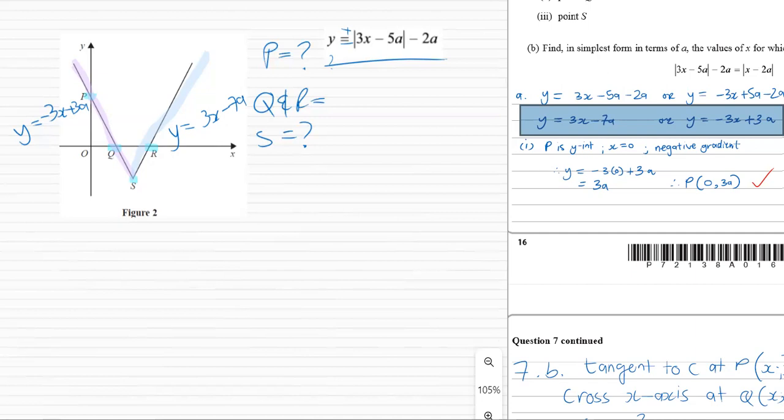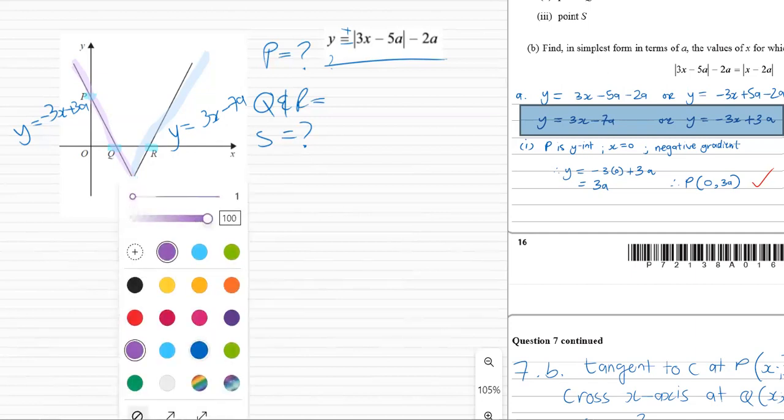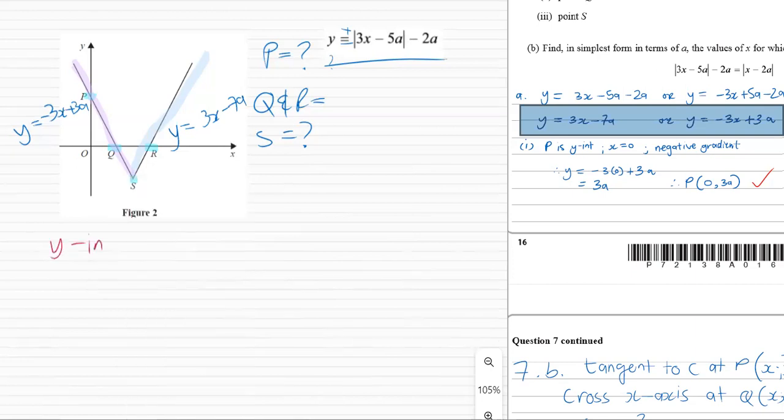From there, we know that it's the y-intercept. For y-intercepts, just let x equal 0. This is number 6a.